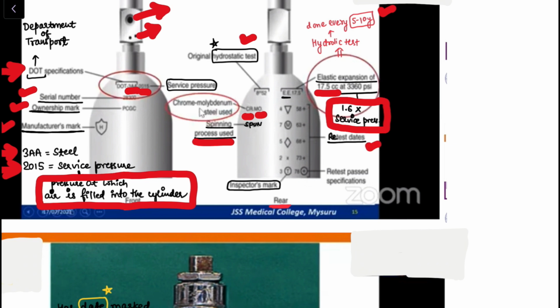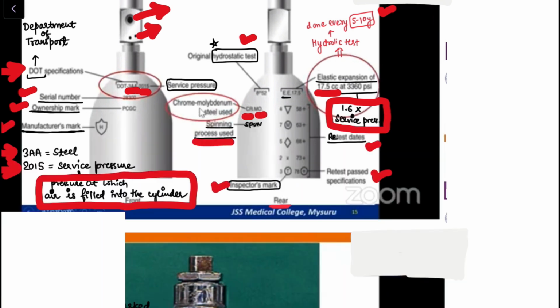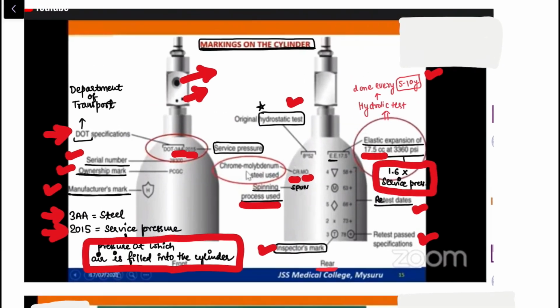Then there are the dates mentioned on it, the retest past specifications, and the inspector's mark. These are the markings, the most important being the type of cylinder, the material of the cylinder, the service pressure, and the elastic expansion.